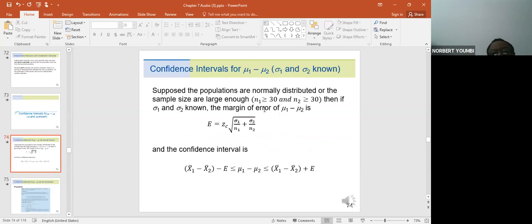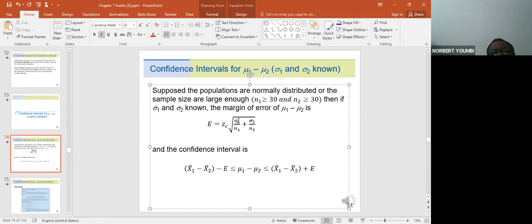So the standard deviation of the difference of the mean is sigma 1 square. The square is missing here.